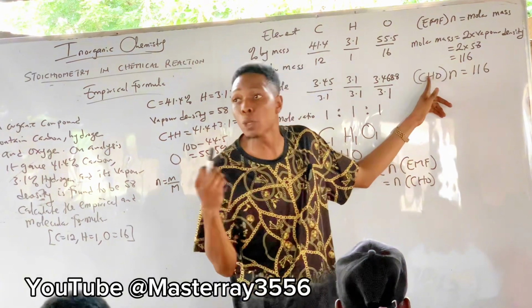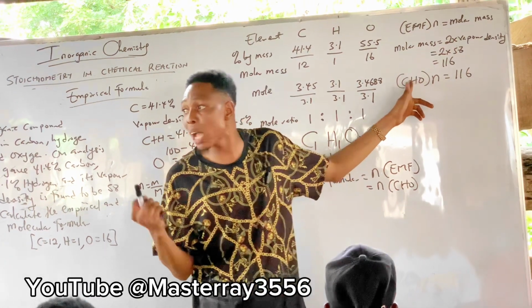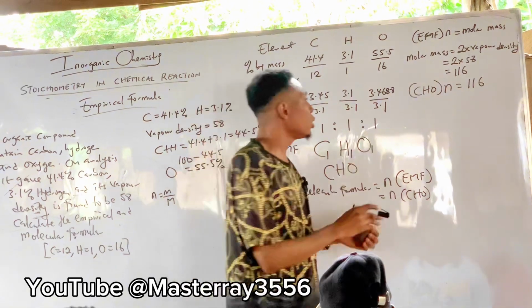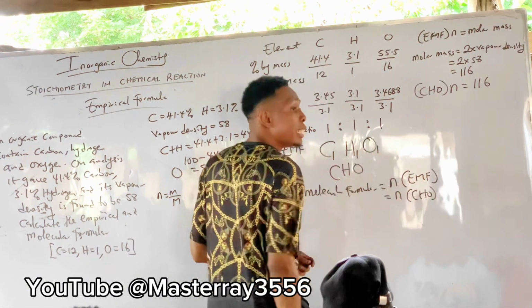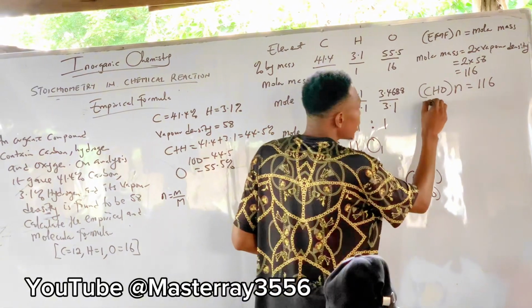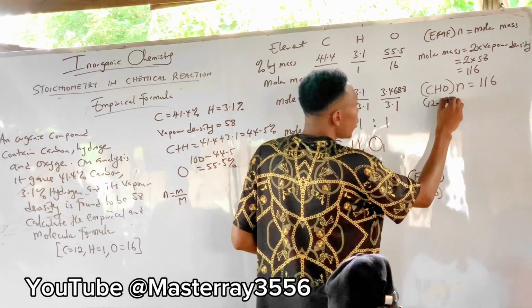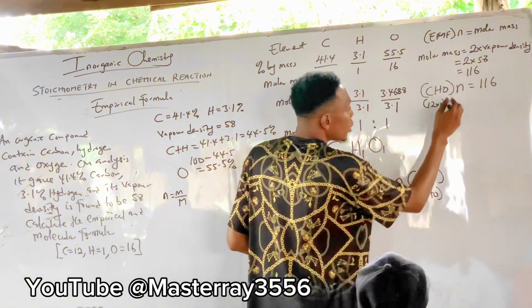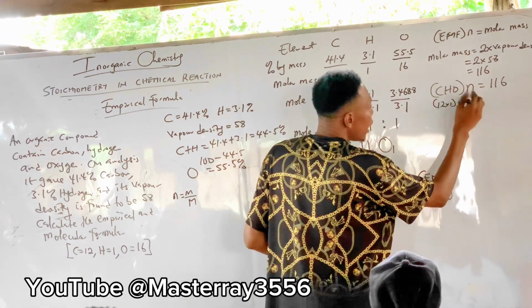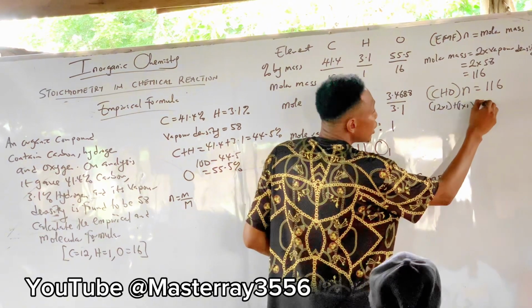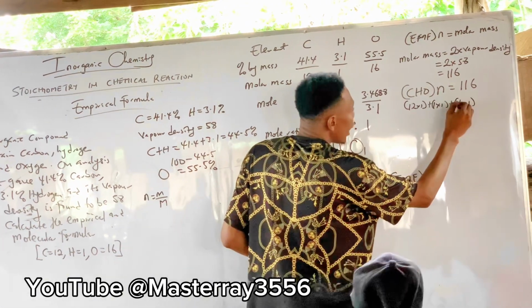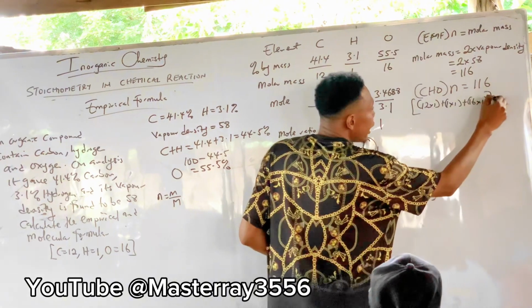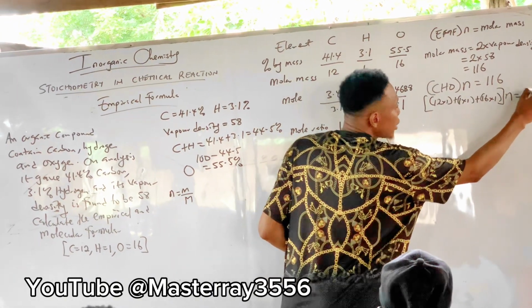You already know how to look for molar mass, right? Yes, sir. So from here, carbon is 12, that's 12 times 1, plus hydrogen, 1 times 1, then oxygen, 16 times 1, all in bracket N equals 116.